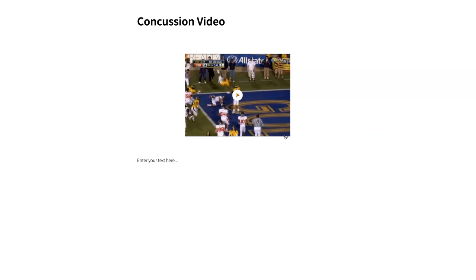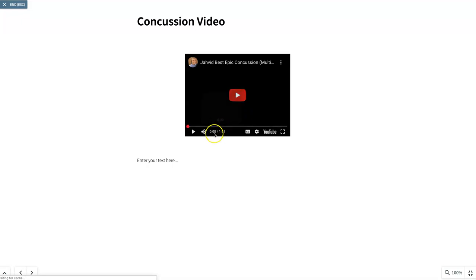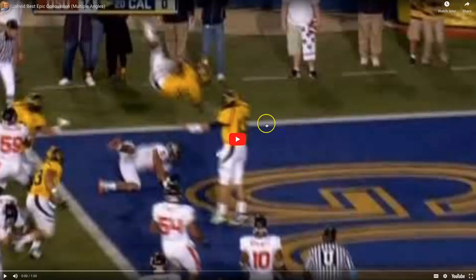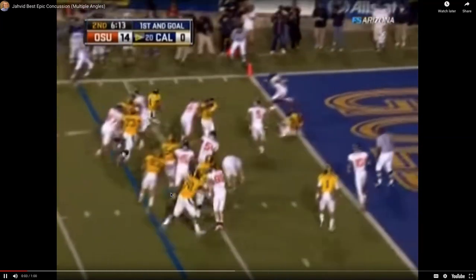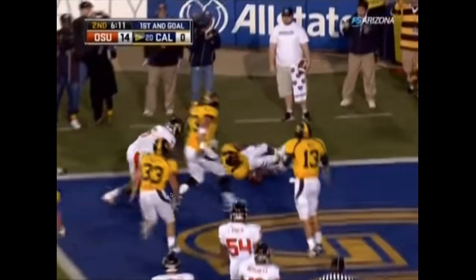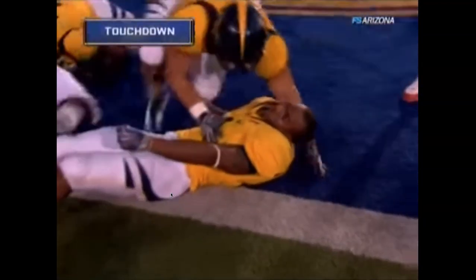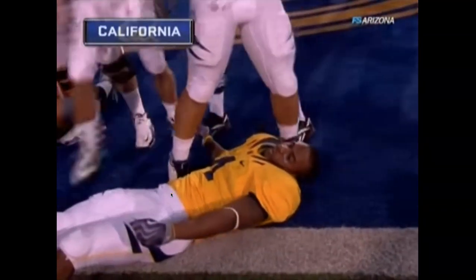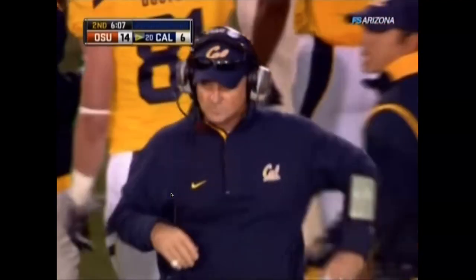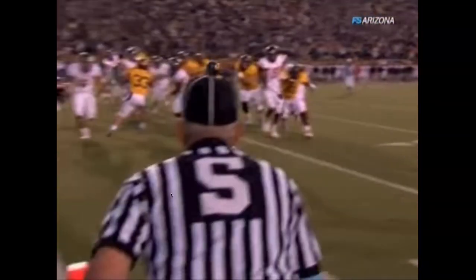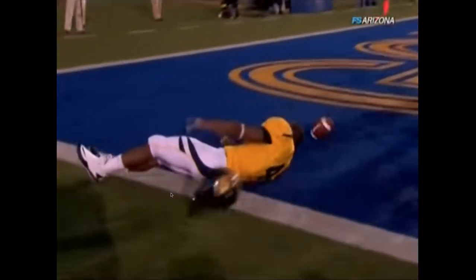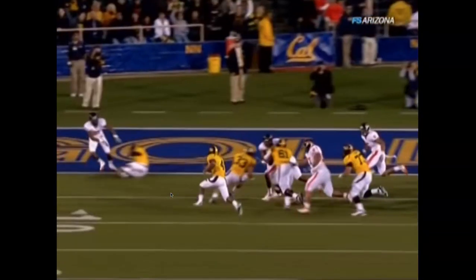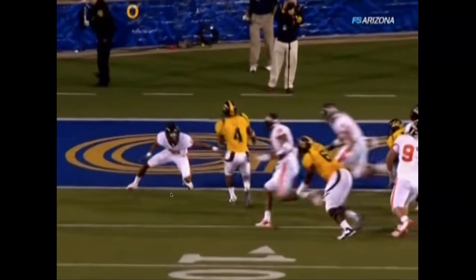All right, so here's another video for you. This video does a good job of showing the jarring or the shaking of the helmet as it was so forceful that it came flying off.